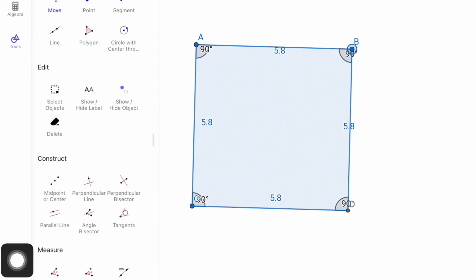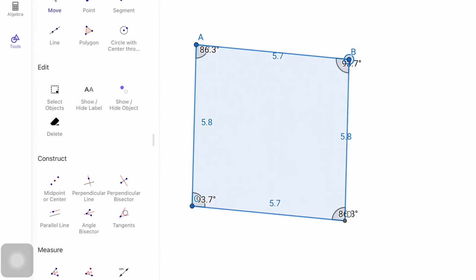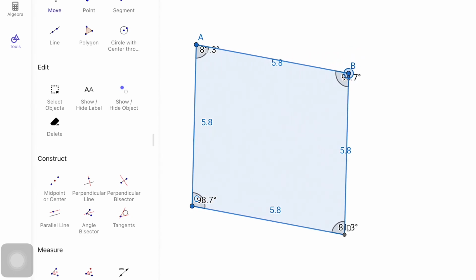Now, all we're going to do is change this square to a rhombus. And the way you change it to a rhombus is you move it from 90-degree angles, but you keep your side lengths the same. So now I have opposite angles are equal.